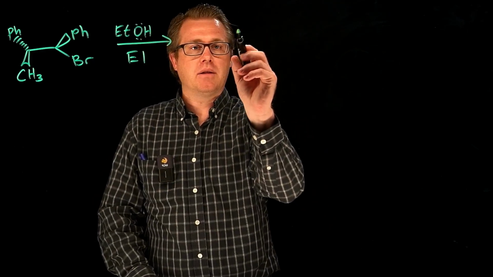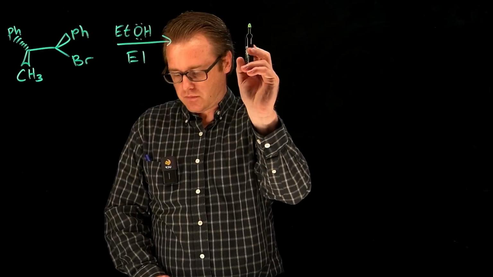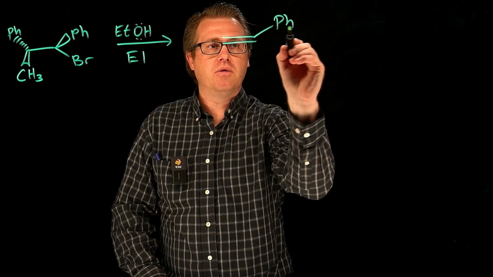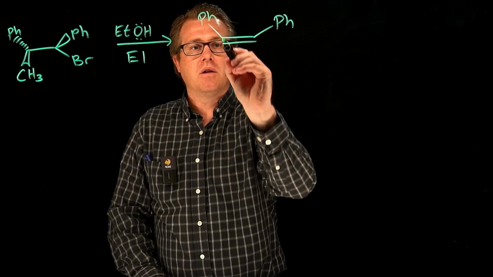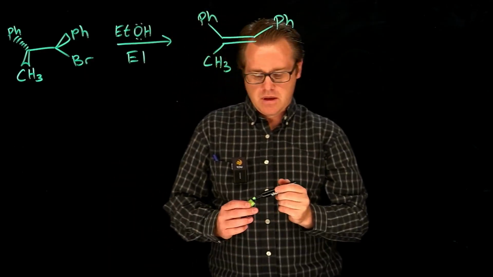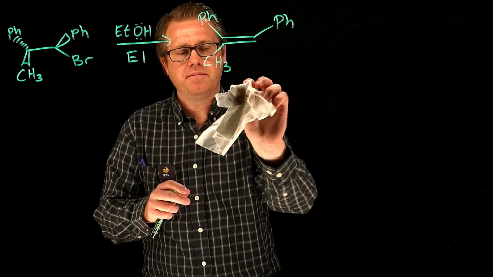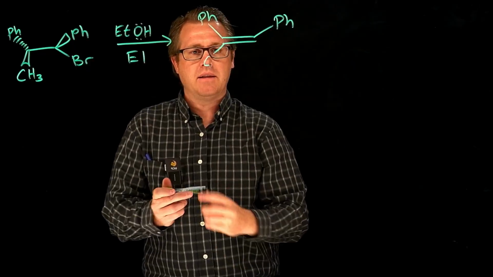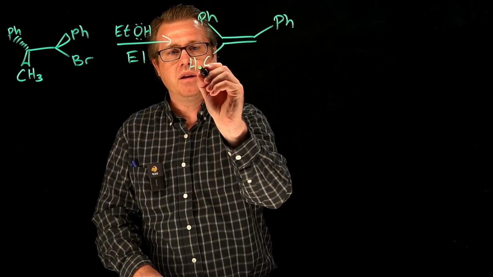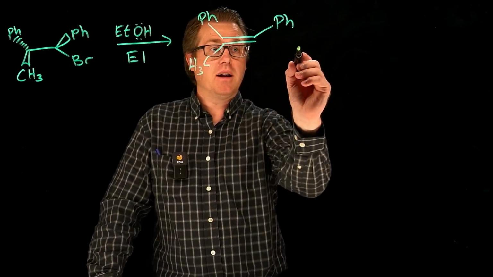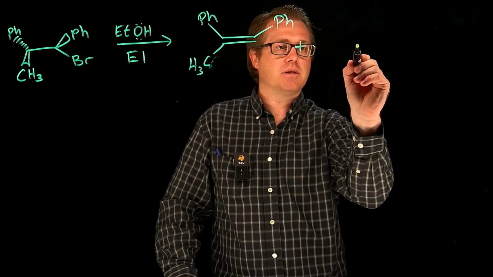You're going to get a product that looks like this. Let's see, we can have the two phenyl groups on the same side, like so. Now let's draw the hydrogens, because we need to be clear that that's forming a bond with the carbon there, like that. So it could have this product and this product.